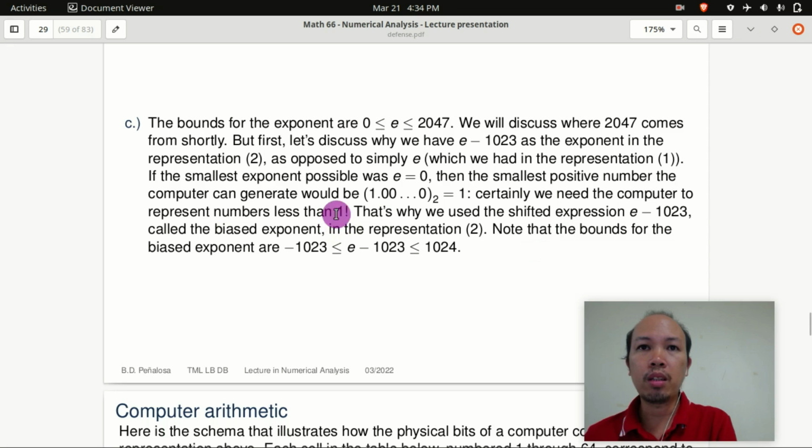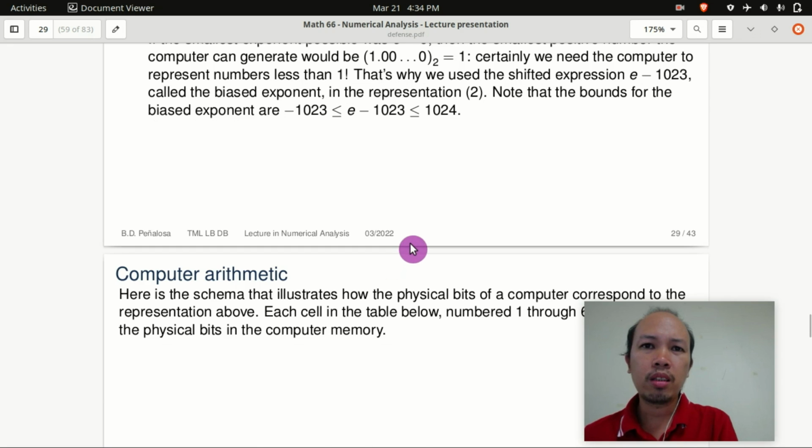This is the reason we have to shift the exponent to this form, e minus 1023. This exponent is what we call the biased exponent in the representation in base 2. And the bounds for the biased exponent are here. We will understand that later after making a diagram.